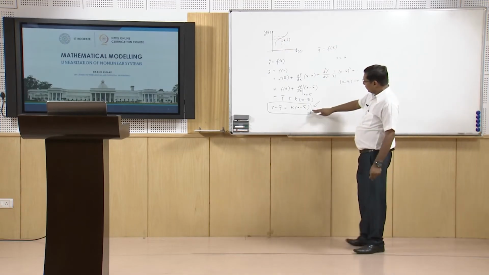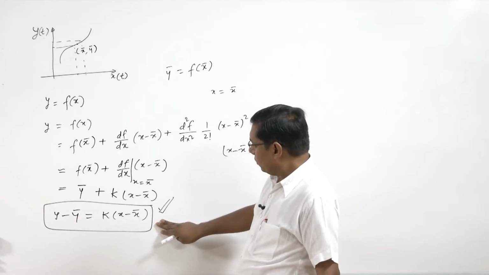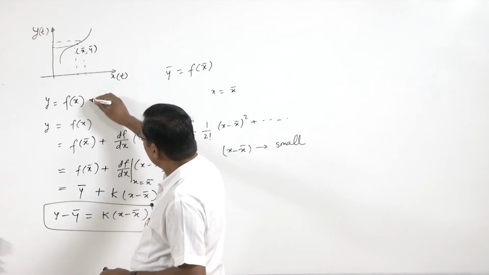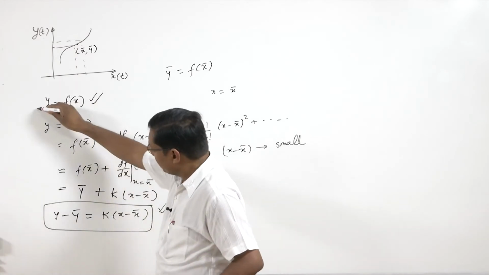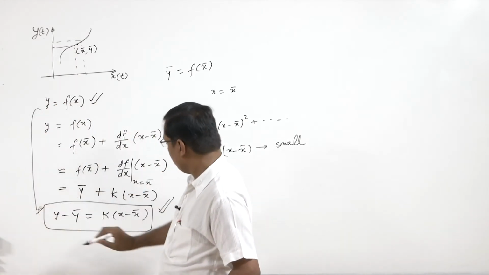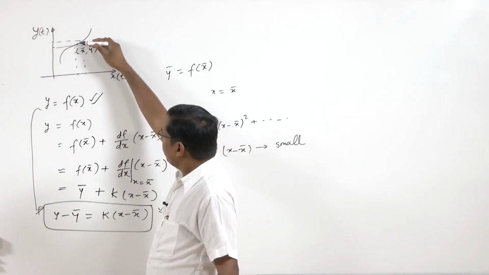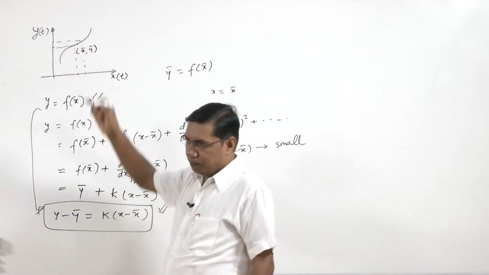So, this is a linear function. So, this nonlinear function is now approximated as a linear function close to this point.